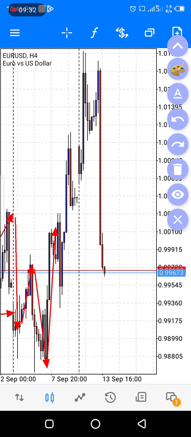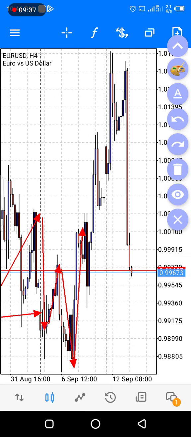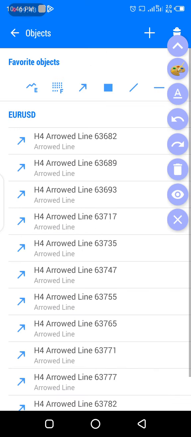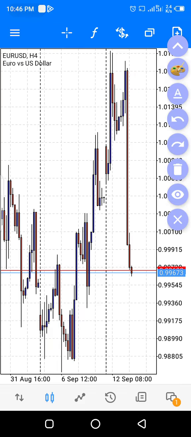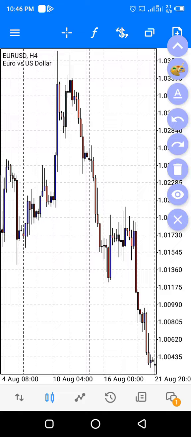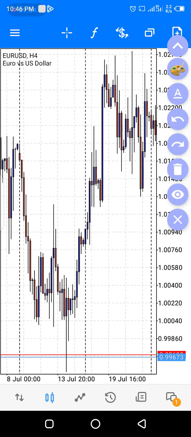In a situation whereby price refuses to make a new low in a downtrend, price has changed its direction. In that kind of situation, we wait to see the next move of the market. So that is what we see.